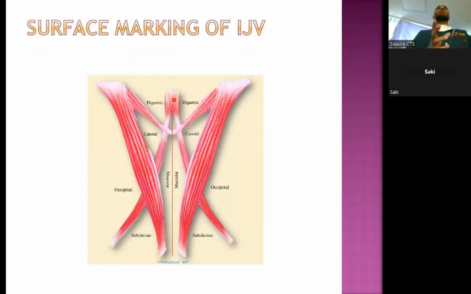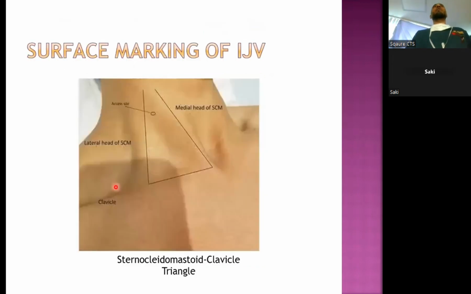These are the main triangles in our anterior neck: the digastric triangle, carotid triangle, subclavian triangle, and occipital triangle. But for the internal jugular vein, our important one is the sternocleidomastoid clavicular triangle. This is our choice for venous puncture.